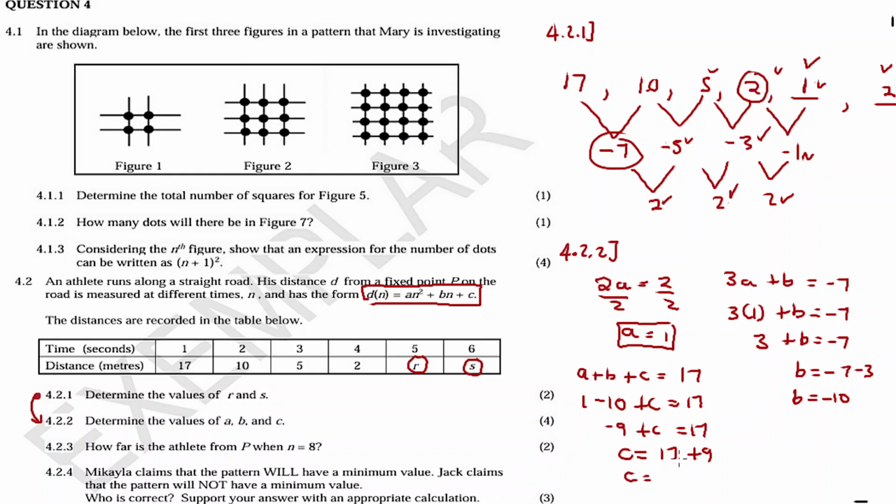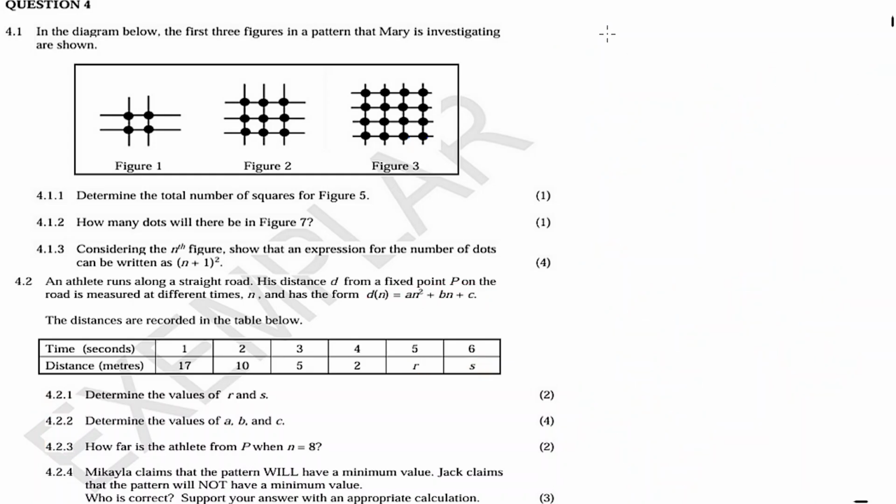Okay, so therefore we have A, B, C. But I just told you A, B, C. Finished and done. I was about to tell you the nth term, but they said get A, B, and C. Done. But we would have to write down the nth term so that we can calculate 4.2.3, right?